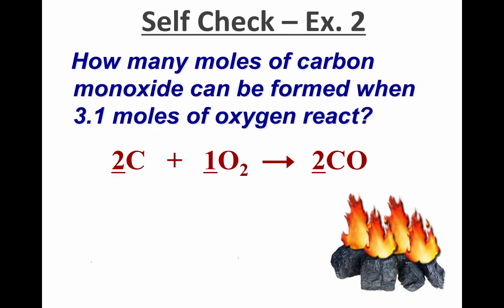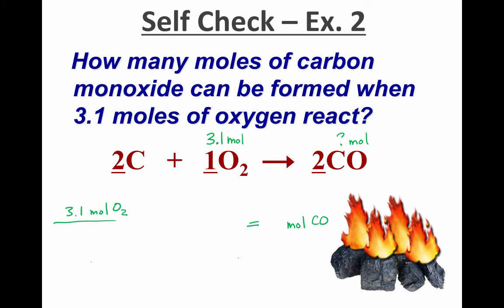Let's try another mole ratio problem. How many moles of carbon monoxide can be formed when 3.1 moles of oxygen react? I'm given 3.1 moles of oxygen and must calculate how many moles of carbon monoxide will form. So I write the unknown units after the equal sign and the given over 1 on the left side.